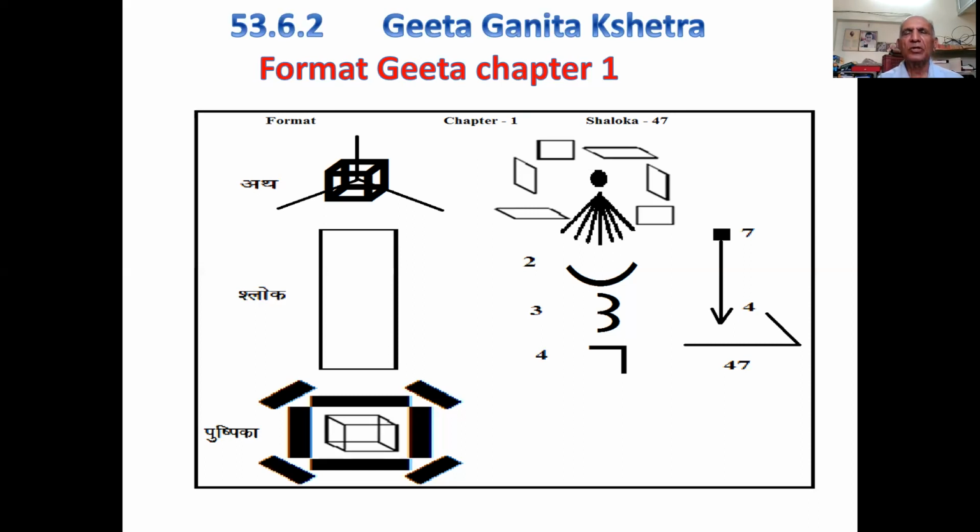Therefore, the flow range of 47 shlokas of Arjuna Vishad Yoga of chapter 1 are going to be a 7 streams flow from the Bindu Sarovar for its reach up till the fourth quarter of the soul syllable itself.